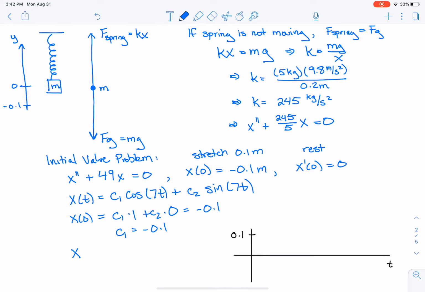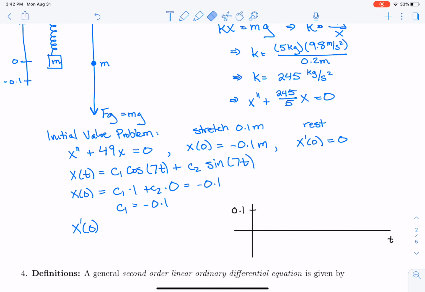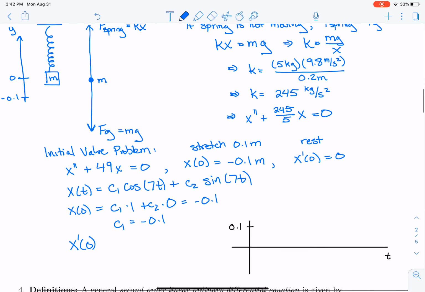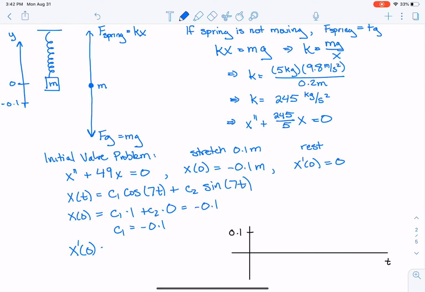And then we have that x prime of 0 is the other thing that we need to pop in. So x prime of 0 is going to be negative 7 C1 sine of 0 plus 7 C2 cosine of 0.